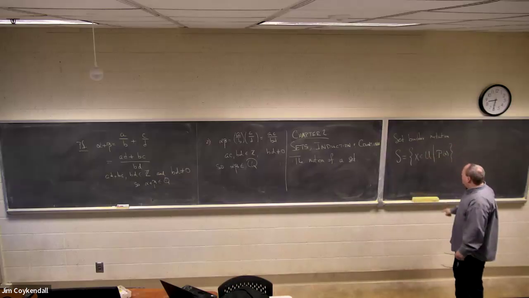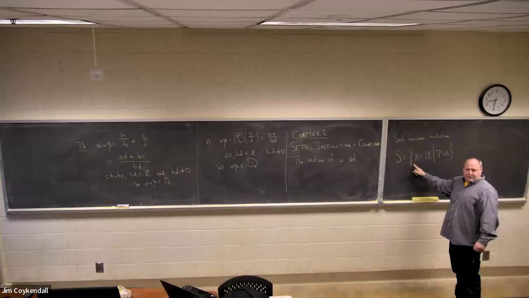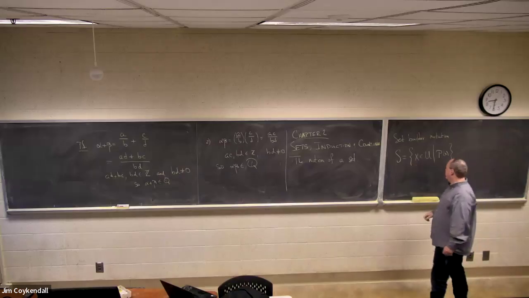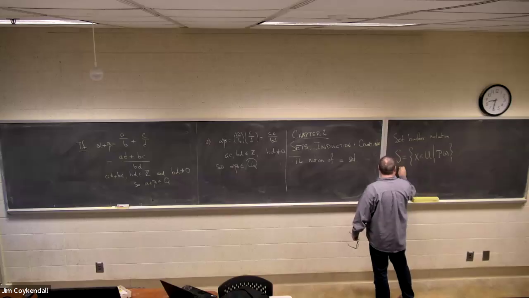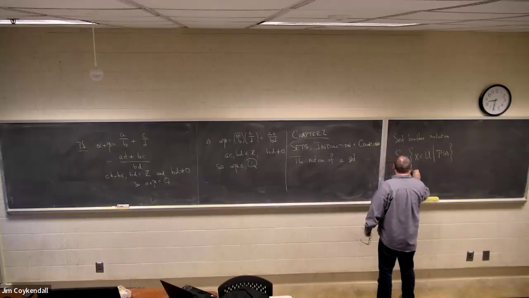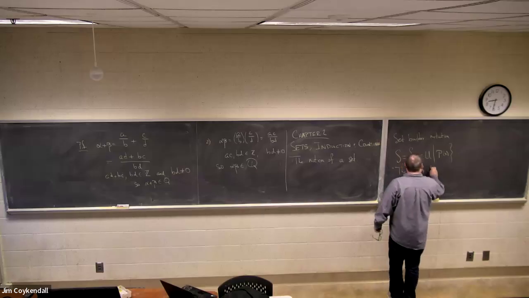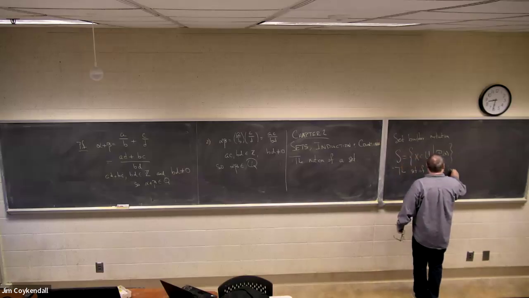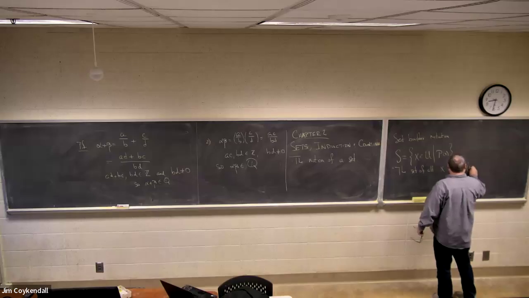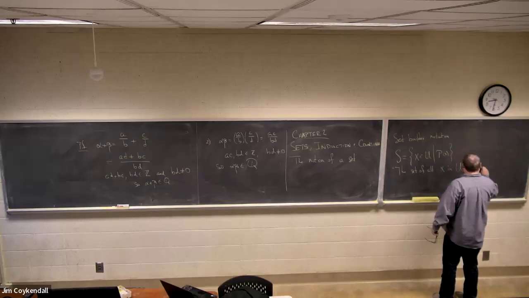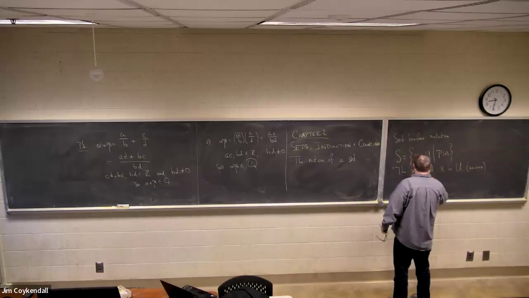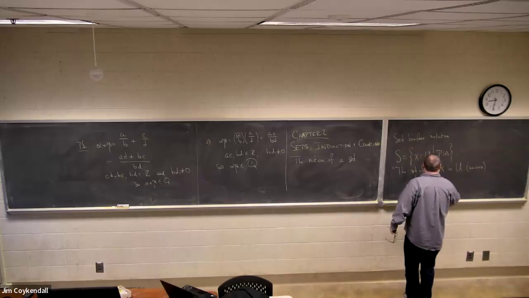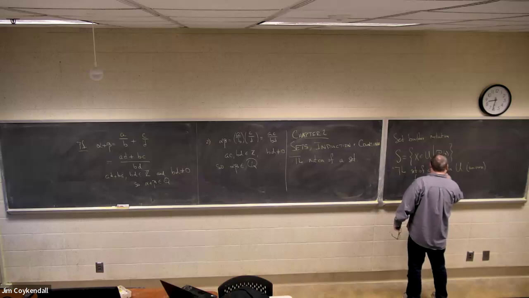Let me read this. These curly braces are often used for denoting a set. The set of all X in our universe for which P of X.